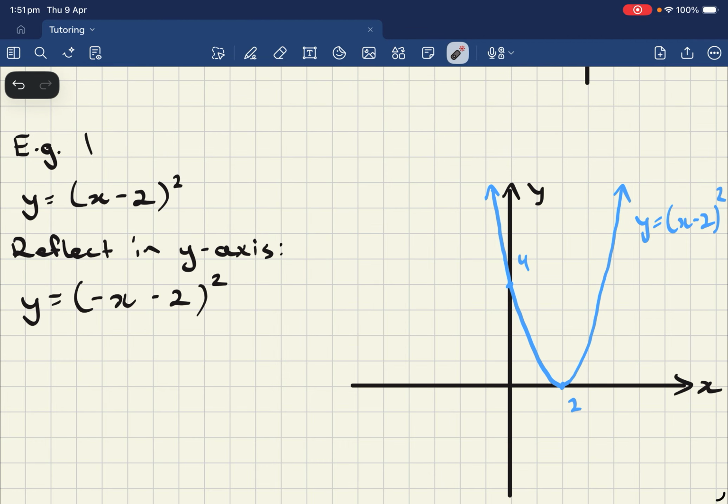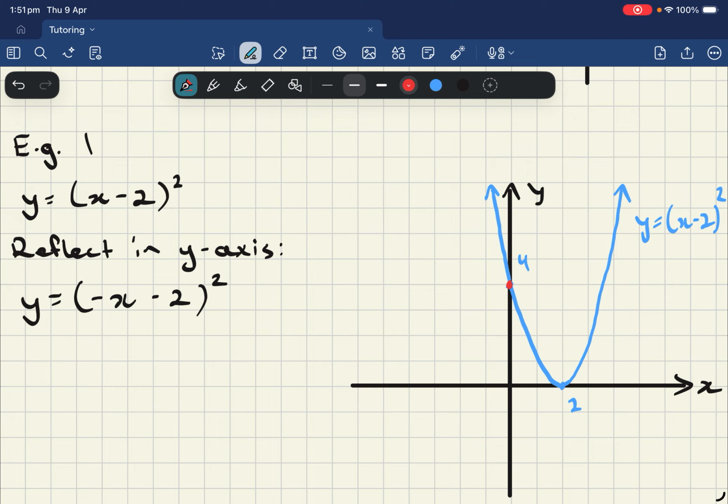If we look at this particular graph, our mirror line is going to be our y-axis here. So the intercept of our graph is still going to pass through here. It's going to go down and hit my x-intercept here, and then it's going to make its way back up. So just eyeballing it and drawing it, we can see that this graph is going to pass through here.